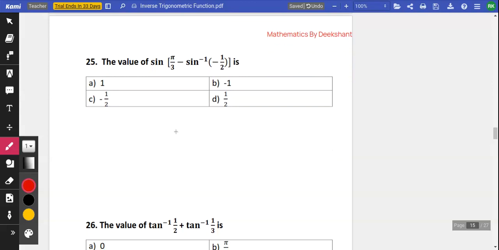Find the value of sine pi by 3 minus sine inverse minus 1 by 2. Sine inverse minus x basically is equal to minus sine inverse x.